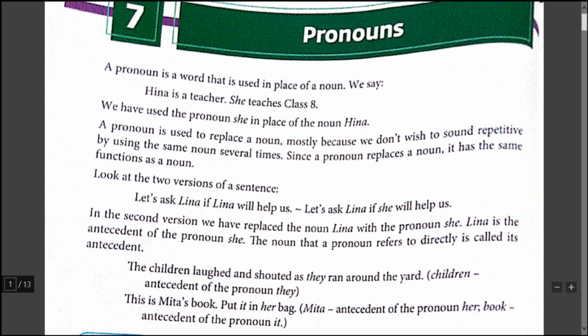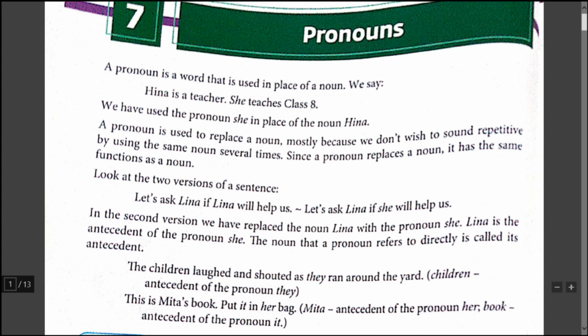Let's go further. Look at the two versions of a sentence. First one, let's ask Lena if Lena will help us. Second one, let's ask Lena if she will help us.